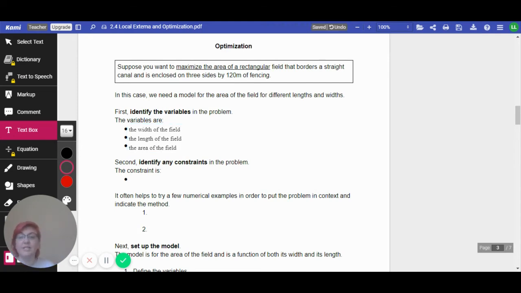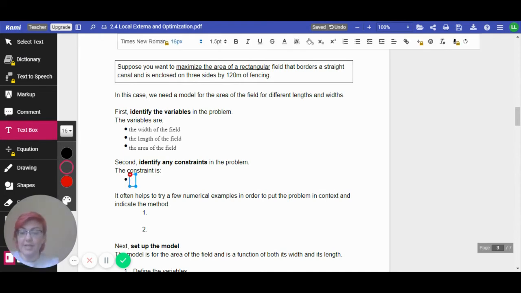Next, we need to identify any constraints on the problem. And in this case, our constraint is that we only have 120 meters of fencing.